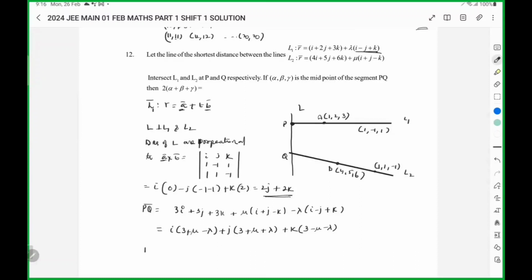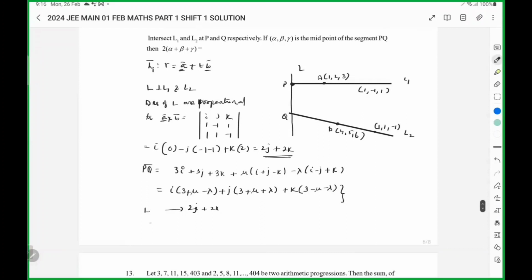Already L is represented by 2j plus 2k. Both the vectors represent the same line. So (3 plus mu minus lambda) by 0, (3 plus mu plus lambda) by 2, (3 minus mu minus lambda) by 2. Once you simplify this, you get mu minus lambda as minus 3.